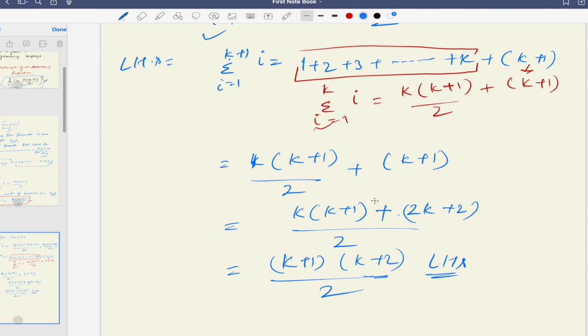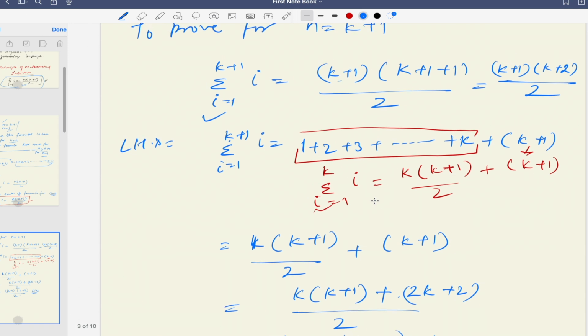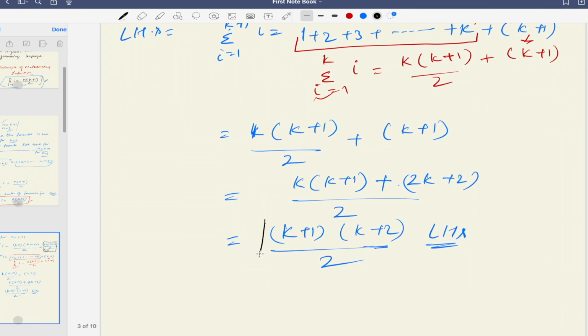And if we see that our LHS was that one, and what was the RHS? The RHS was this term. So now this term is the same as the LHS. So LHS equals RHS, right?